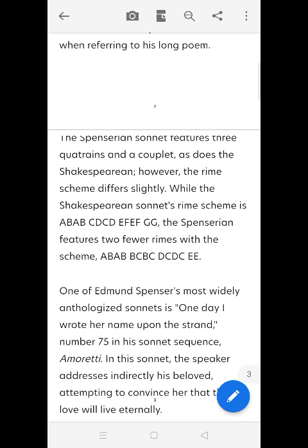This sonnet, One Day I Wrote Her Name Upon the Strand, has been taken from Spenser's sonnet sequence entitled Amoretti, and here the speaker addresses indirectly his beloved, attempting to convince her that their love will live eternally.